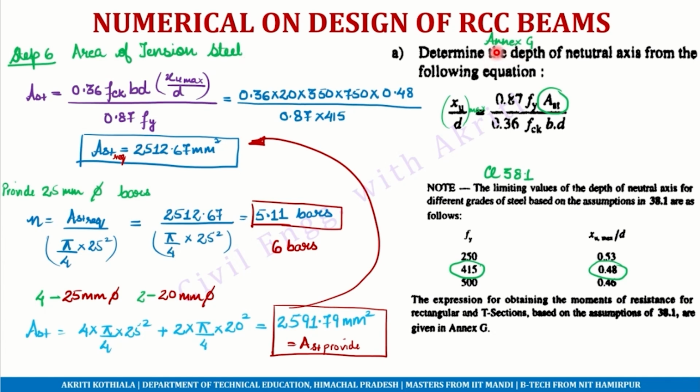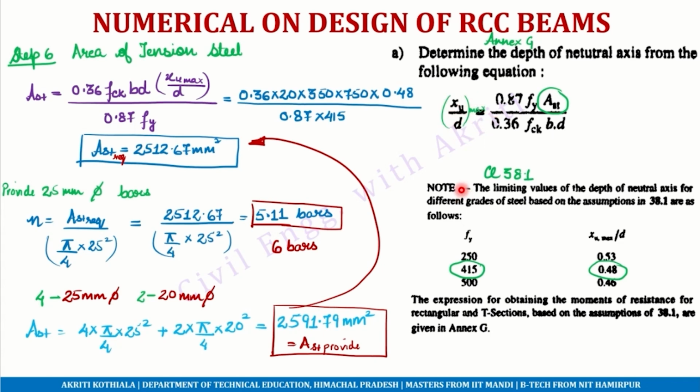Area of tension steel can again be calculated using the formula provided in Annexure G, which says that xu by d should be equal to 0.87 fy Ast upon 0.36 fck b d. So from here we can calculate the value of Ast corresponding to the maximum value of xu by d.